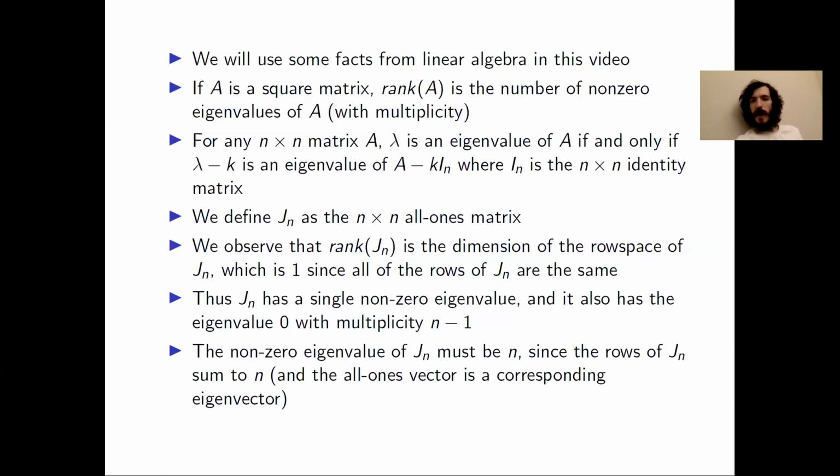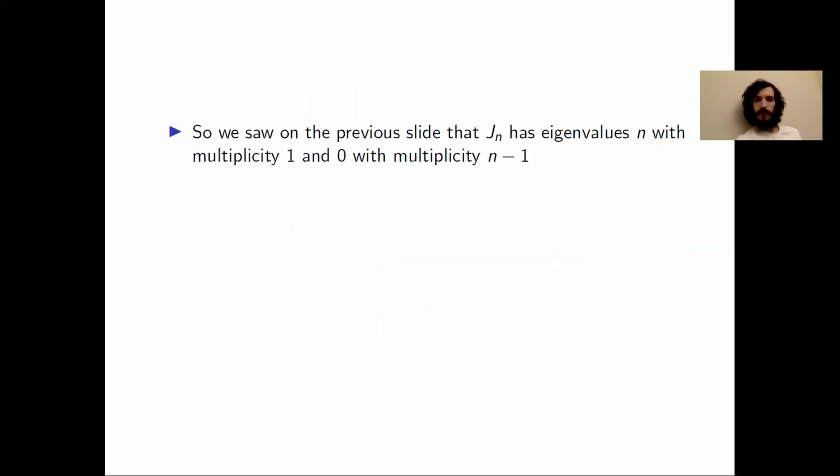So that n is the non-zero eigenvalue of J. So the eigenvalues of J_n are n with multiplicity 1 and 0 with multiplicity n minus 1. And that's what I've written in that top bullet.